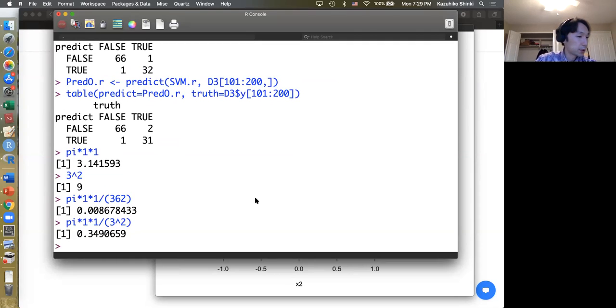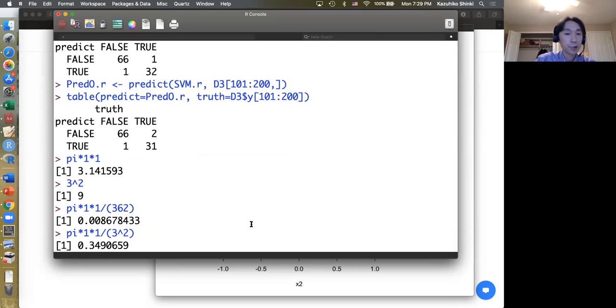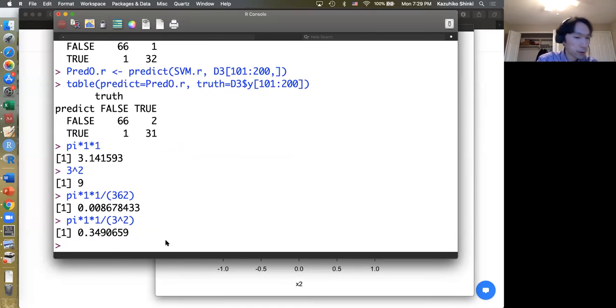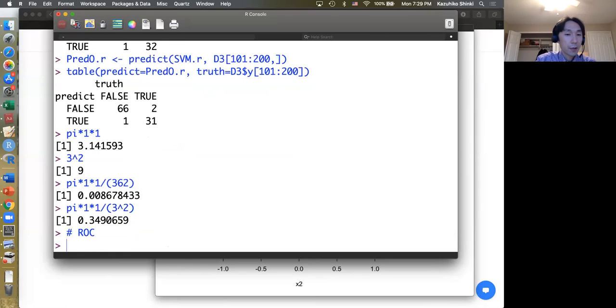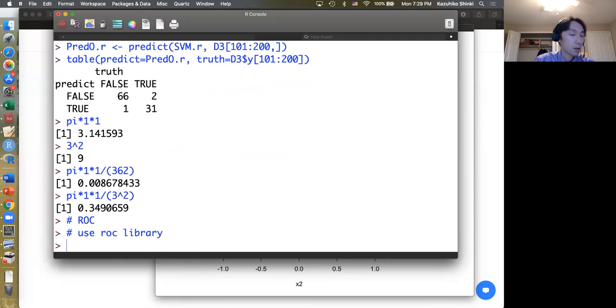Okay, next we discuss support vector regression. The textbook discussed the ROC curve. The ROC curve may be useful to represent the result for classification problems. You can use the ROC library, then it's pretty easy to create the ROC curve.